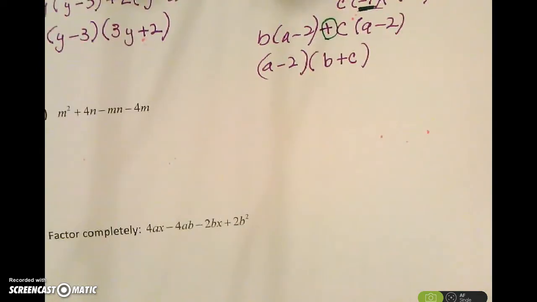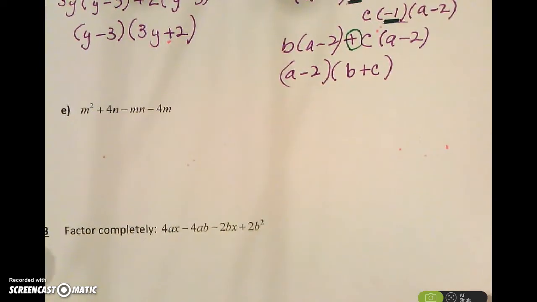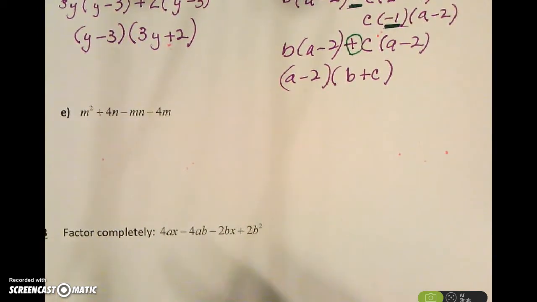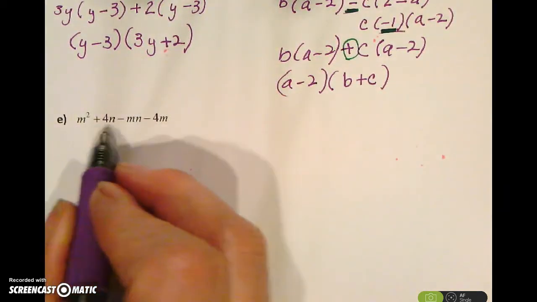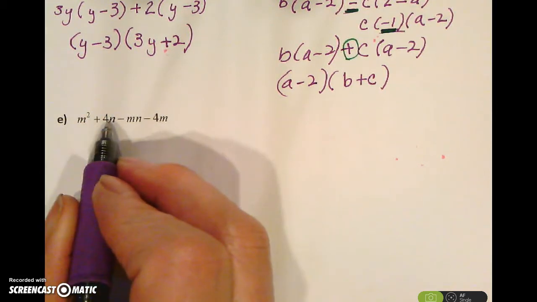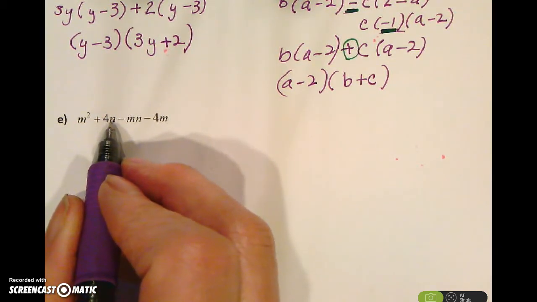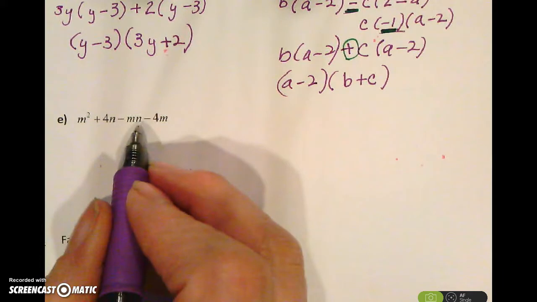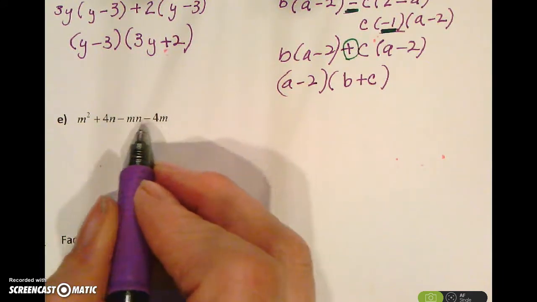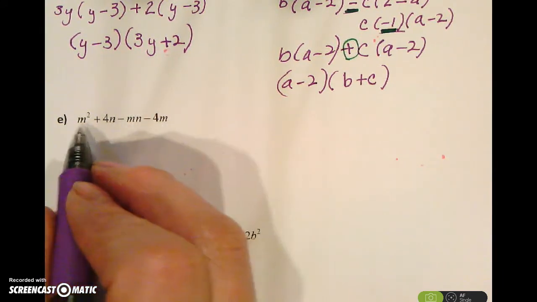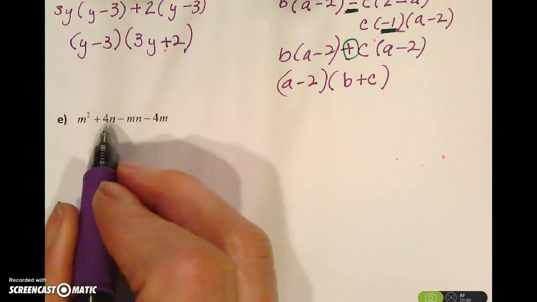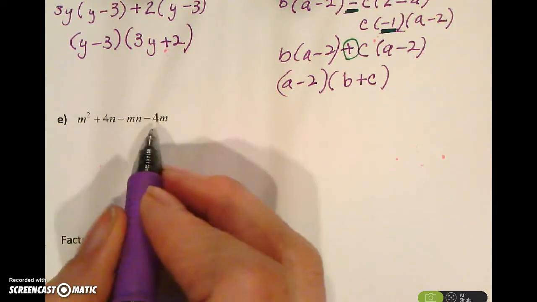All right, E, when I go to do E, what's going to happen is when I group these first two, notice that there's nothing in common. So I could take out a 1, but that's not going to match with this over here. So I may observe from the very beginning that factoring out's not going to work.